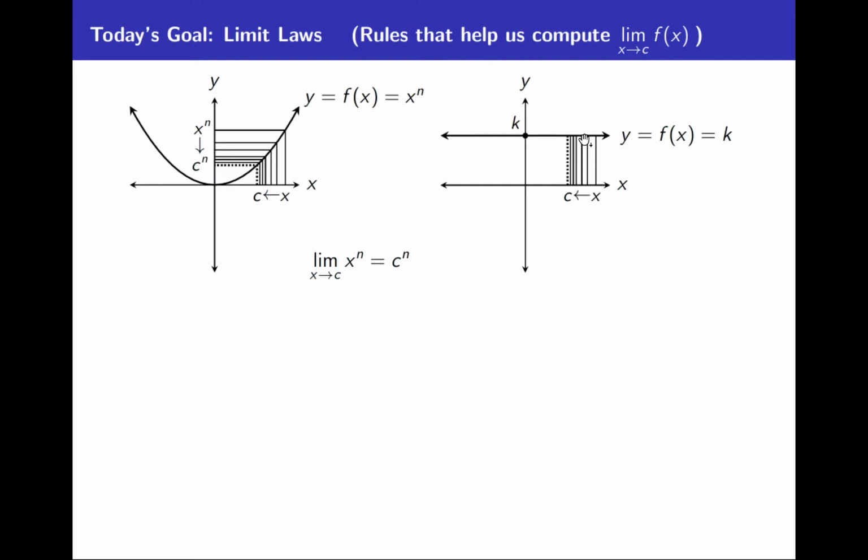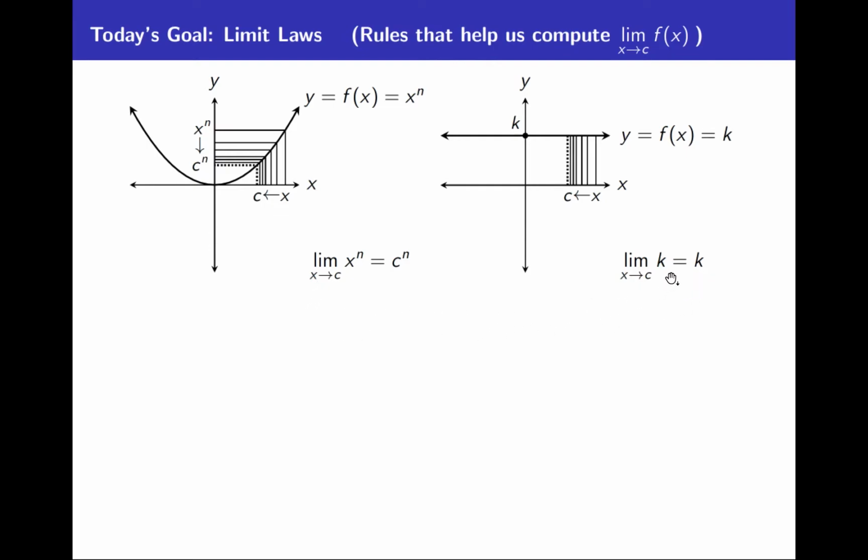They're always equal to k. As x approaches c, not only is f of x getting closer and closer to k, it's already there. So in a very real sense, as x approaches c, f of x is getting closer and closer to k. In fact, it's already at k. We express this as the limit as x approaches c of k equals k.